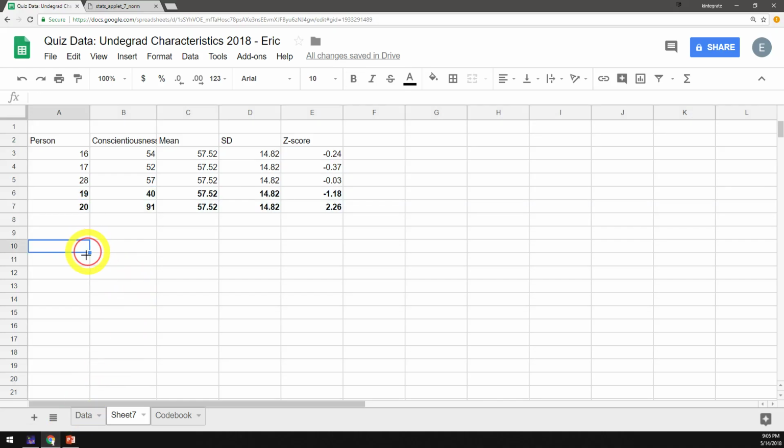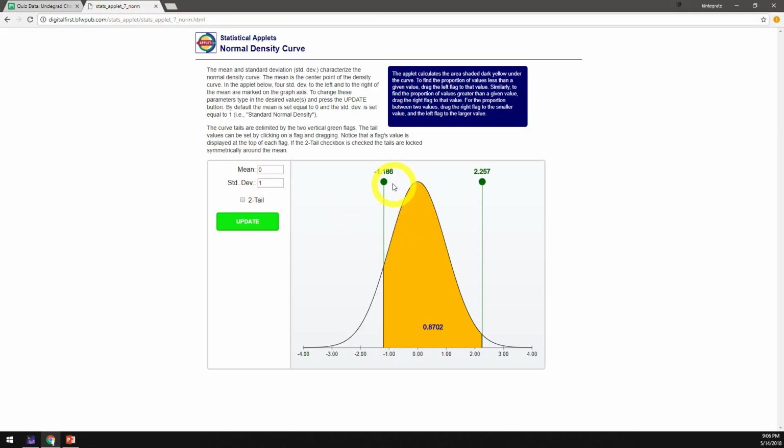We'll go back to the data set. We're not going to use individual persons, but we want to calculate the score for someone at the 87th percentile. What is that predicted score? If we go to the stats applet, the percentiles go from left to right.